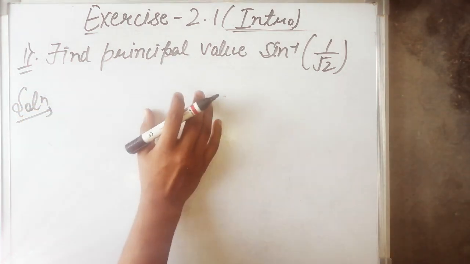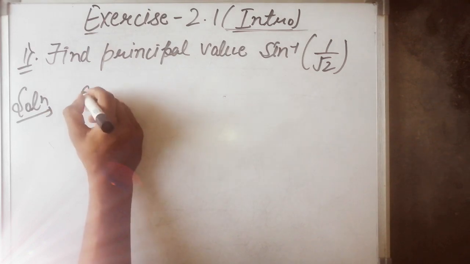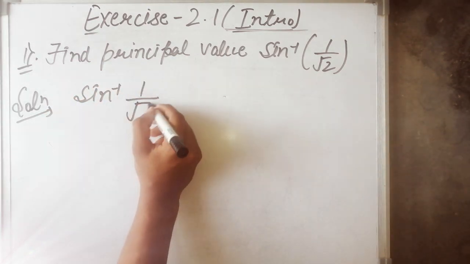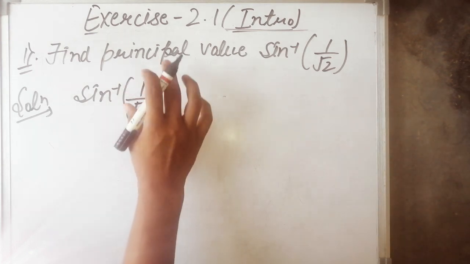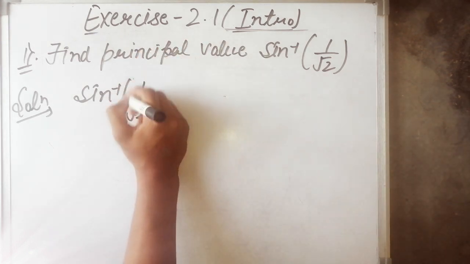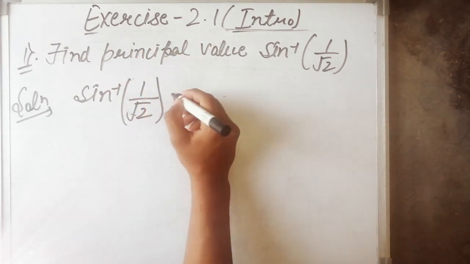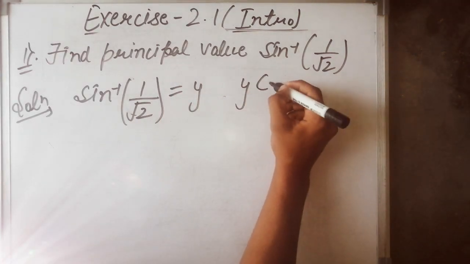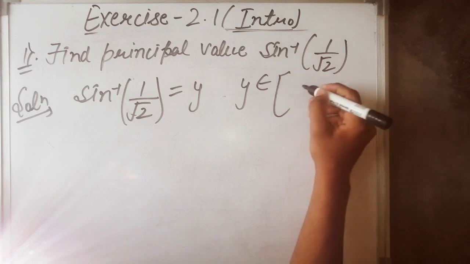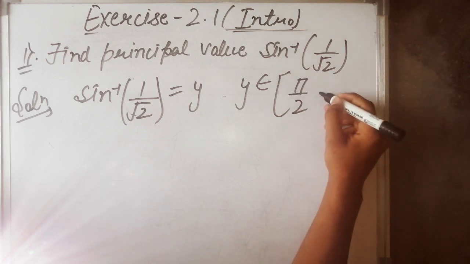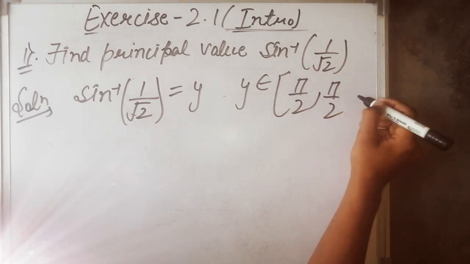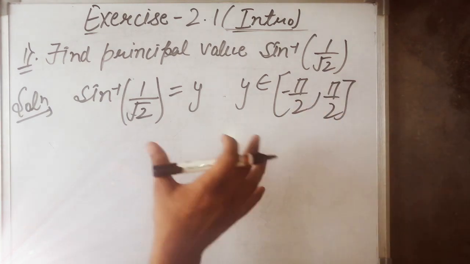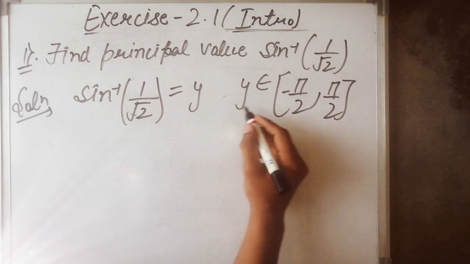Okay, let sine inverse 1 by under root 2 equal y, and y belongs to -pi by 2 to pi by 2. Okay, this was the range of the sine inverse function, which I have written here.